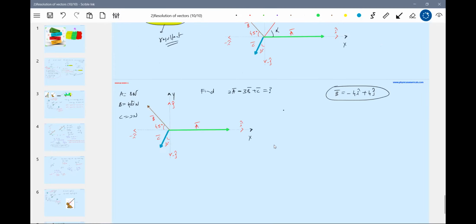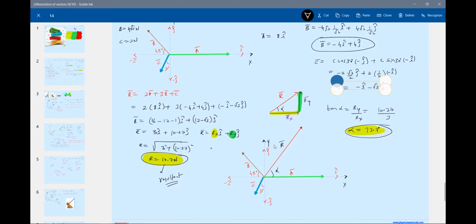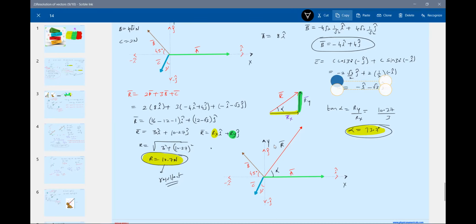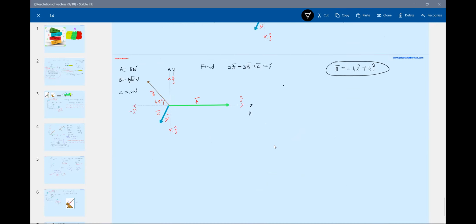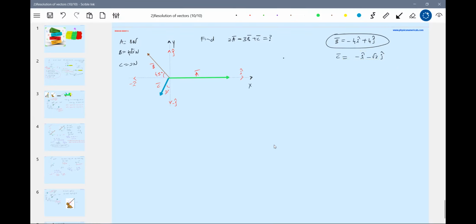C bar is this. And what is A bar? A bar is 8 i cap. This is very easy. Anybody can find it.